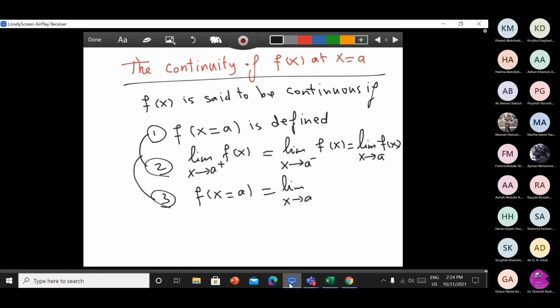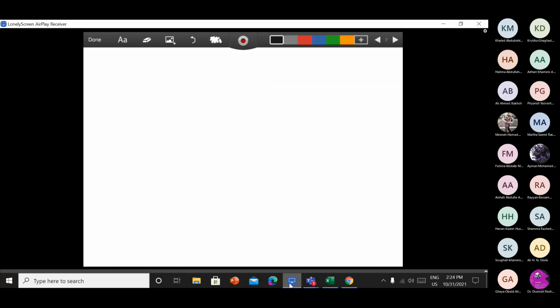f of x equal to 1 over x has a limit for x tends to 0 from the right side, which will be positive infinity.